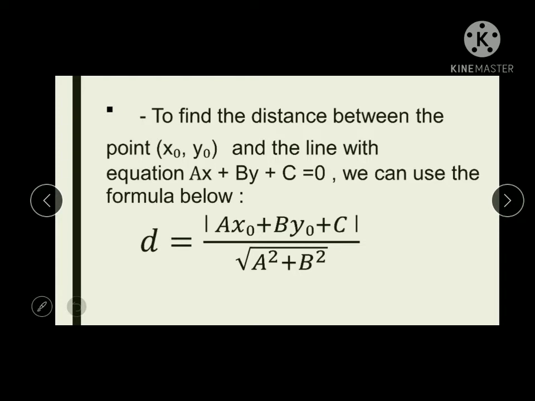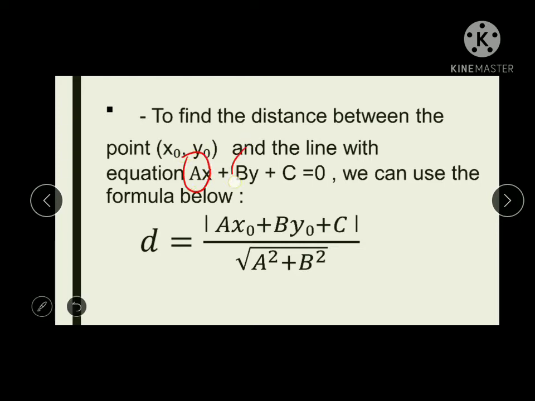To find the distance between the point x sub 0, y sub 0 and the line with equation Ax plus By plus C equals 0, we can use the formula below. Distance between point and line equals the absolute value of A x sub 0 plus B y sub 0 plus C all over square root of A squared plus B squared.